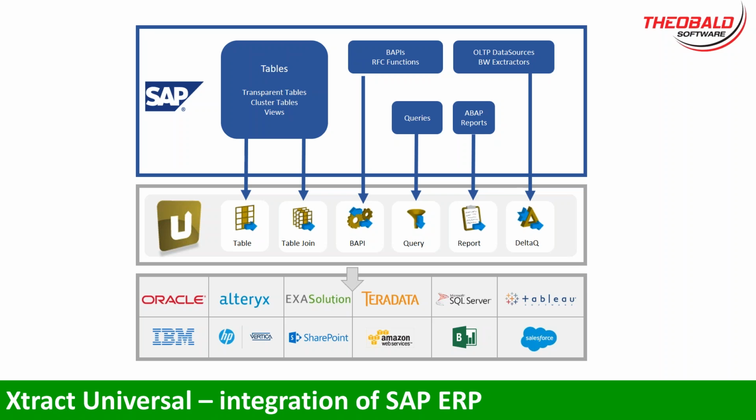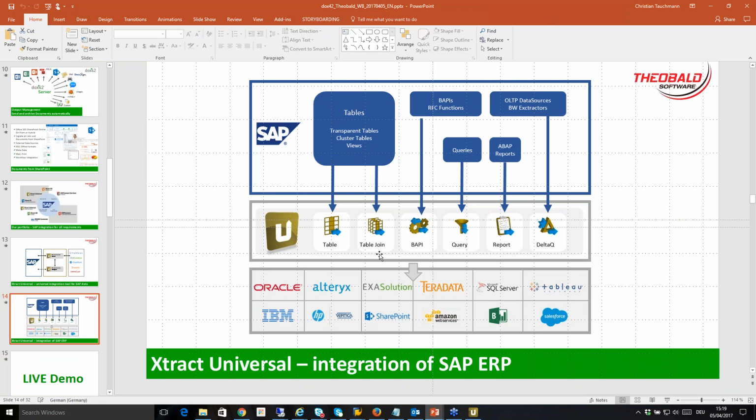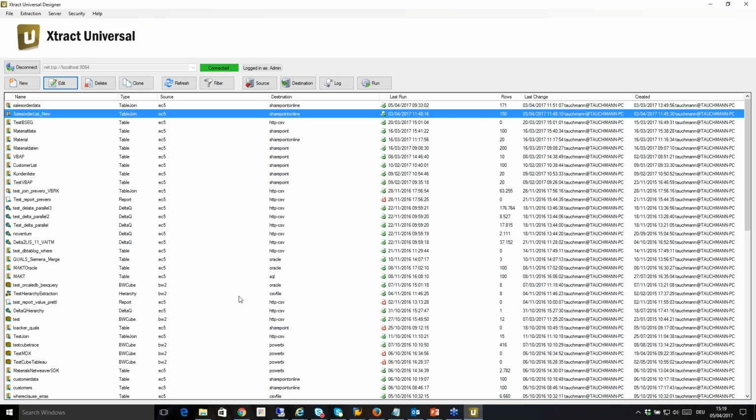I would say let's go straight to the more interesting part of this webinar, the live demo. Let me close my PowerPoint and go to the Extract Universal Designer tool. So what you see here is the Extract Universal Designer, which I told you about before on the architectural slide.